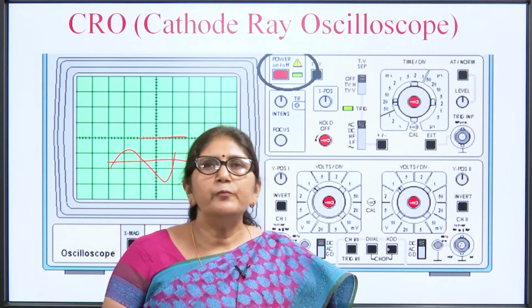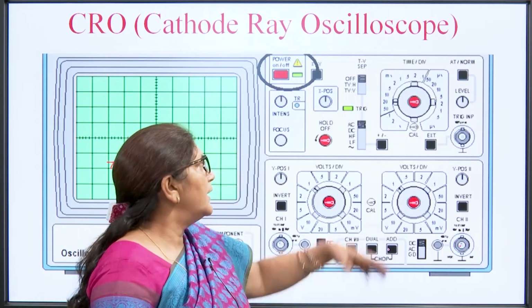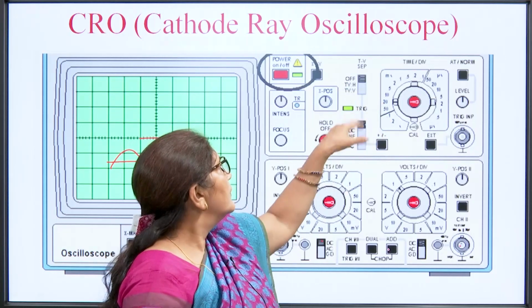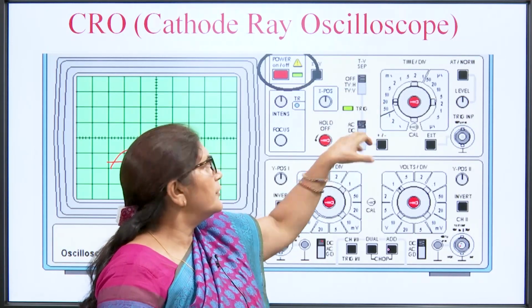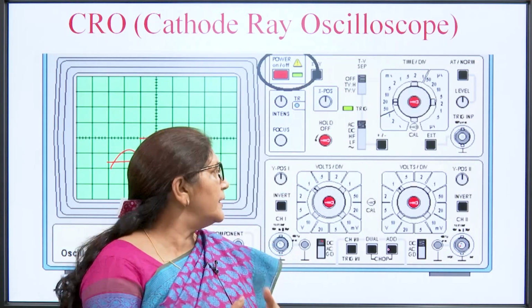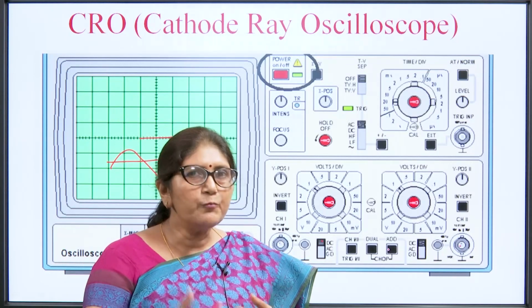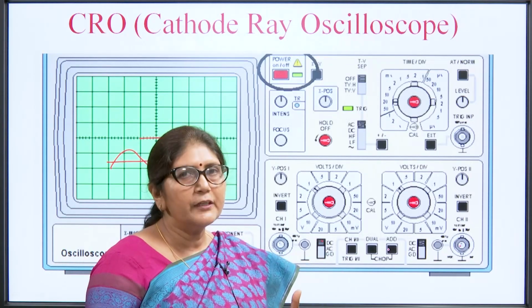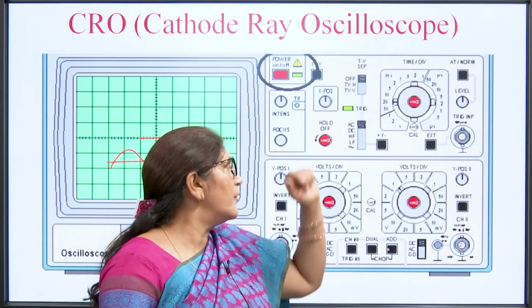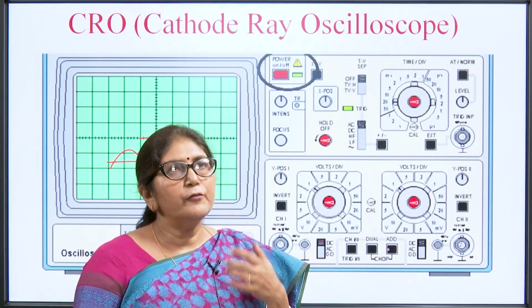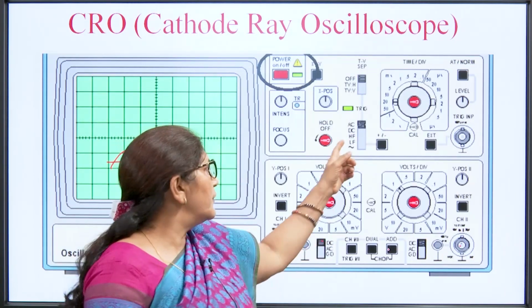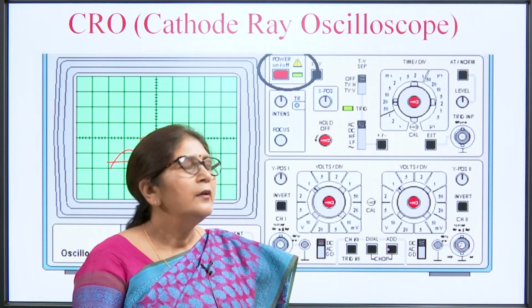When we want to measure that composite signal, we have to press the switch at that position. If it is AC, DC, high frequency and composite signal, then we will put the knob at high frequency. If it is a low frequency composite signal, then we will put the knob at this position.